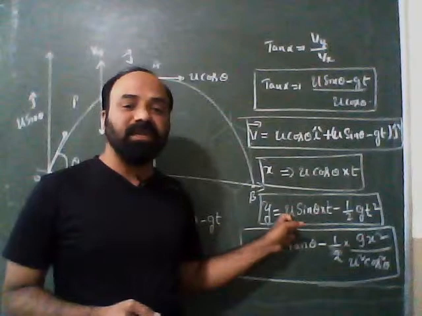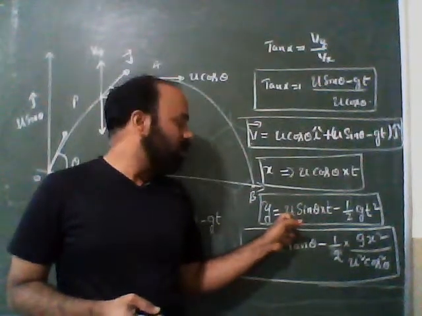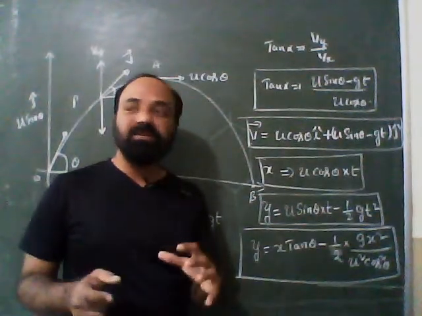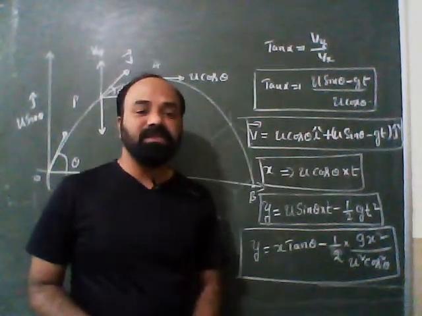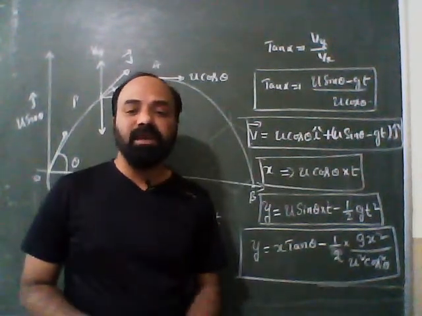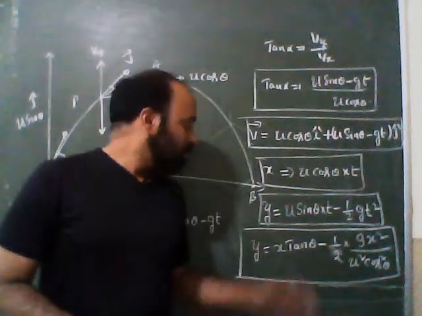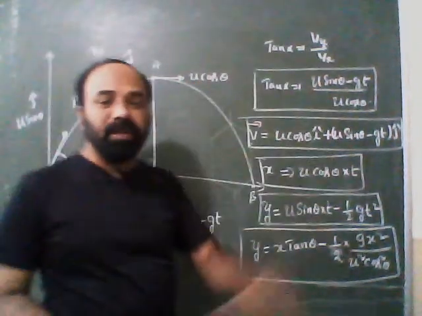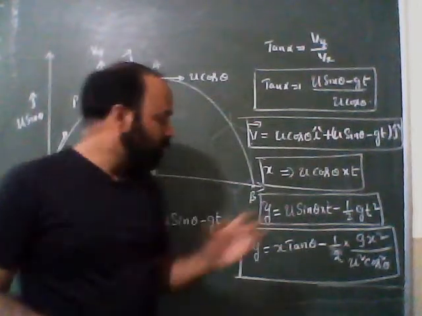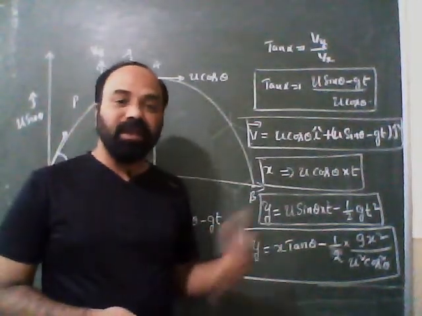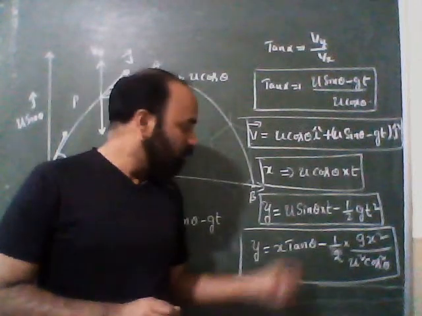If they ask for vertical displacement, this is the formula. If they ask for the equation of trajectory, it is y equals x tan theta minus g x square by 2 u square cos square theta. These are the fundamental formulas we should know to deal with problems in motion in a plane. If you know these, we can solve any kind of problem. Okay, I can go to the next one.